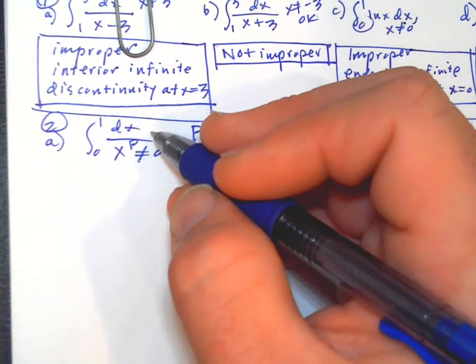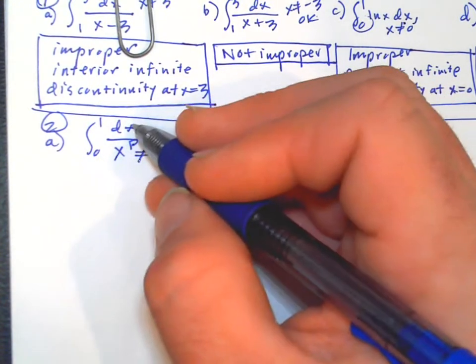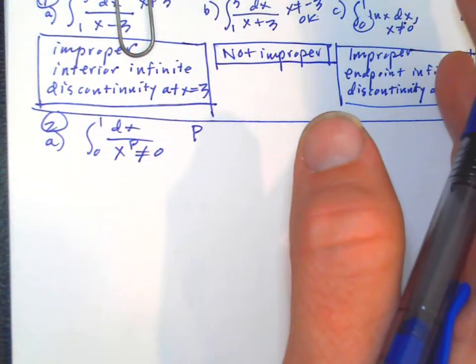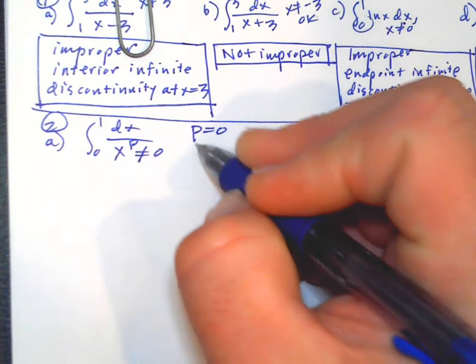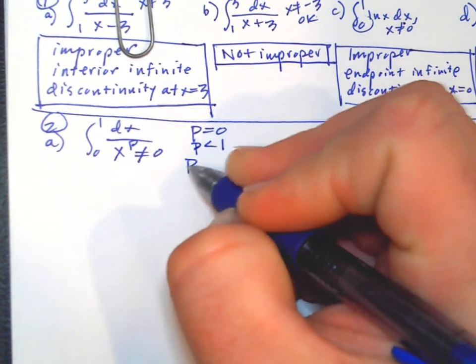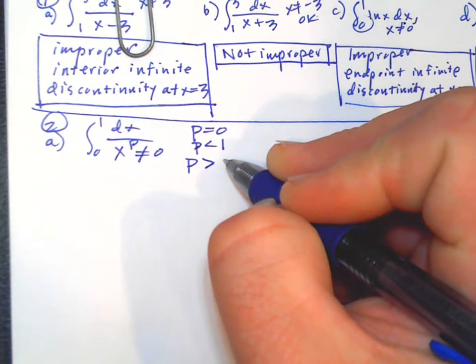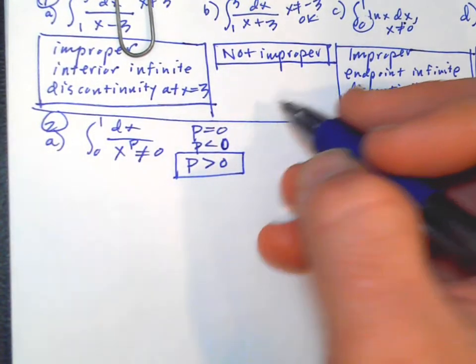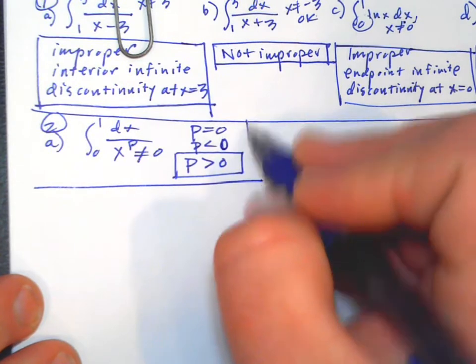Well, if it's a negative value, it actually ends up on the top, and that's not an issue. If it's 0, that's fine, right? So p can equal 0, p can be negative, p cannot be positive. So all values of p less than 0 are when that integral is improper.